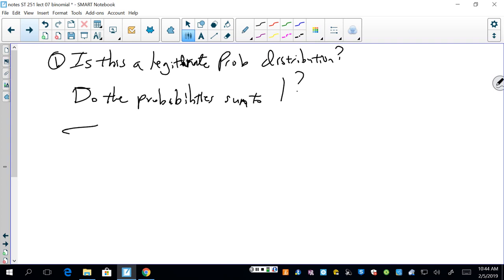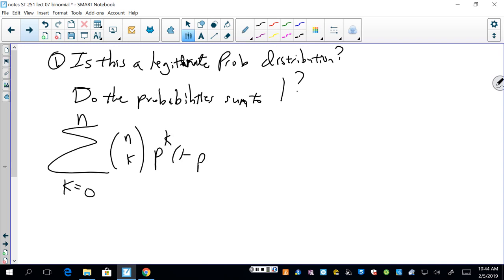So if you add all the probabilities for the different values, a range of 0 to n, the probability that it's k, particularly k, was n choose k, p to the k, 1 minus p to the n minus k, does that equal 1?